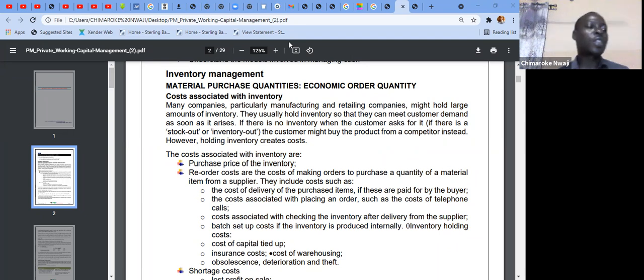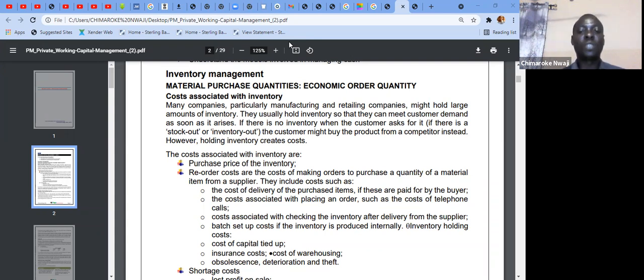Some of the costs included in the reorder cost are the cost of delivery of the purchased items, the cost associated with placing the order, such as the cost of telephone calls, then the cost associated with checking the inventory after delivery from the supplier.